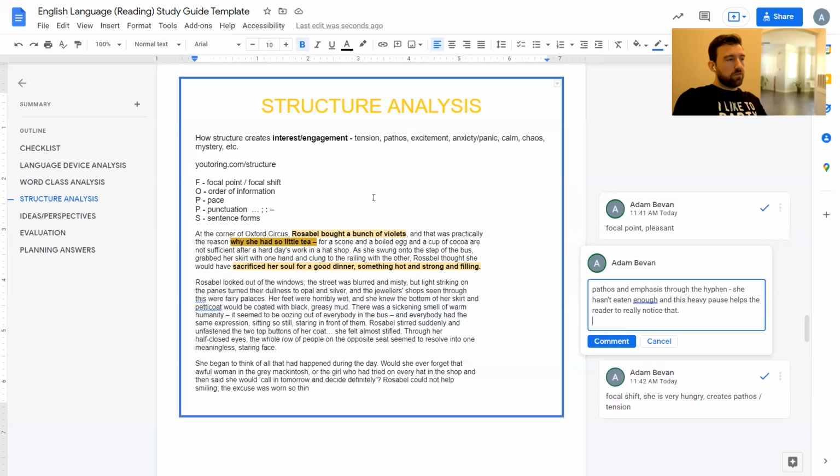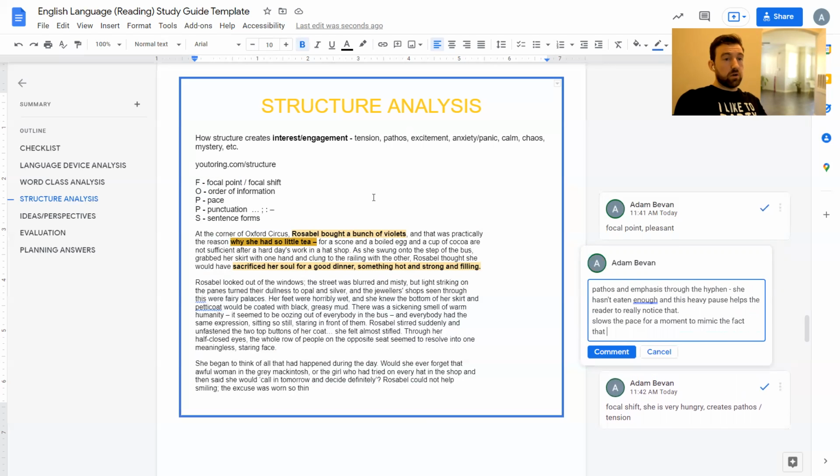And you could go a bit further. You could say this maybe slows the pace for a moment to mimic the fact that Rosabelle is very hungry. And when people are hungry, people are slower, more lethargic.